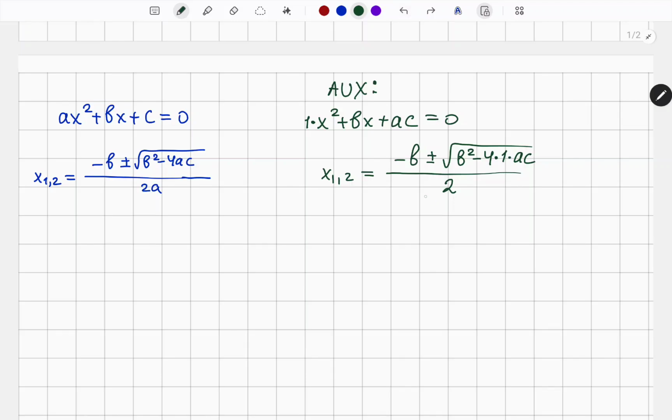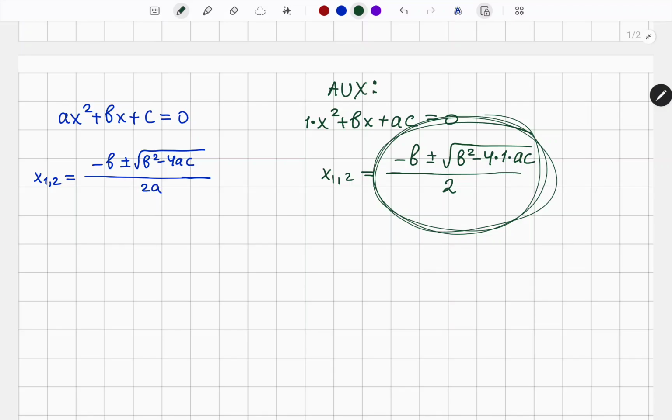So then, if you compare them with the roots of the original quadratic equation, you will see that the difference is in this a that is present in the denominator. So these roots are guessed.